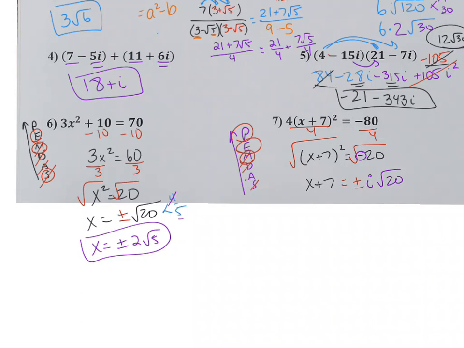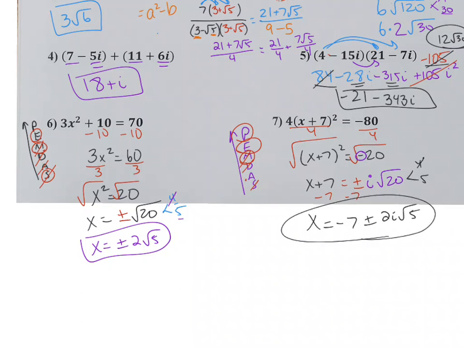So I have x plus 7. Now I can finally get rid of the addition by subtraction. So my best answer is going to be x equals negative 7 plus or minus. Remember, 20 is not perfect, but 4 times 5 is 20. 4 gets to leave as 2, so it's 2i radical 5.